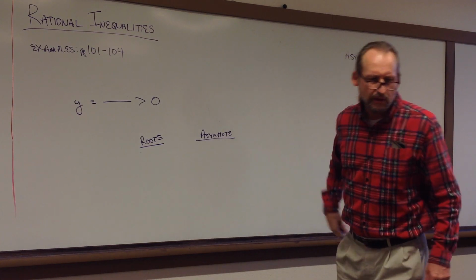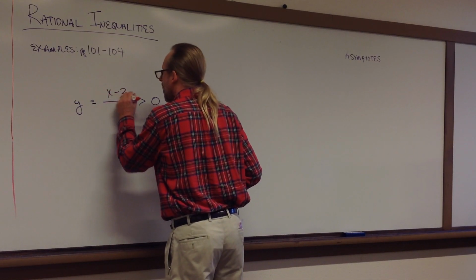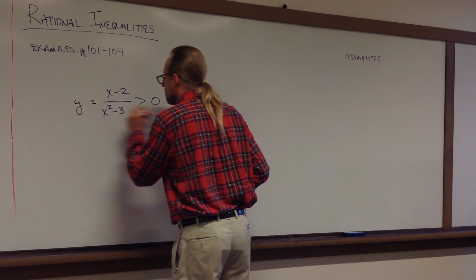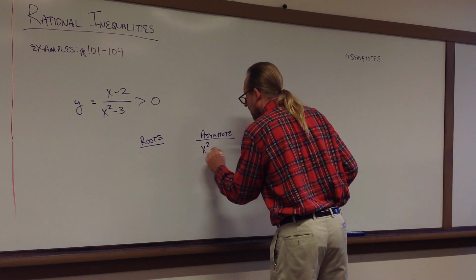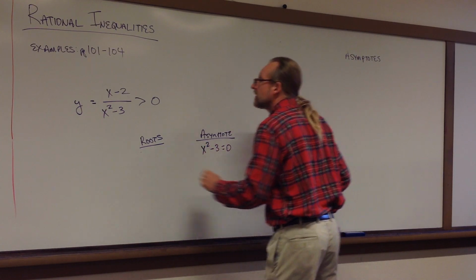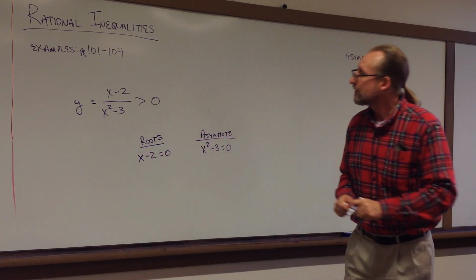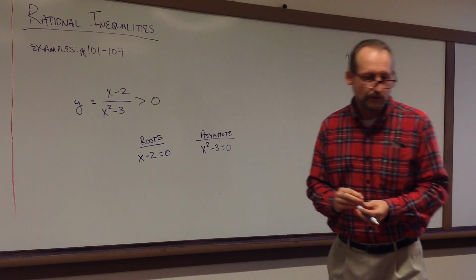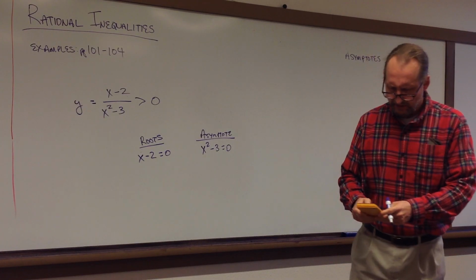And that one has an x minus 2 on top, and then x squared minus 3 on the bottom. Okay. So again, the asymptote now is going to be where the denominator equals 0, and the root is going to be where the numerator is equal to 0. And let's look at that one on the calculator.